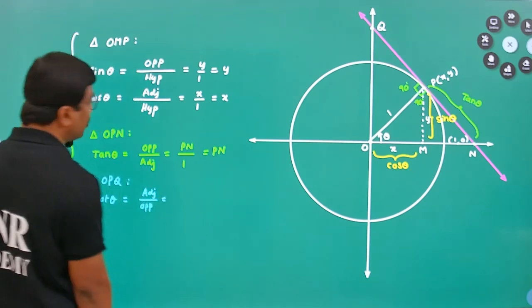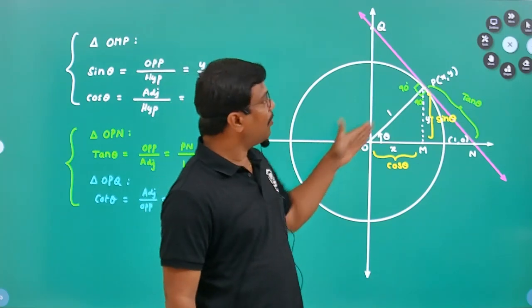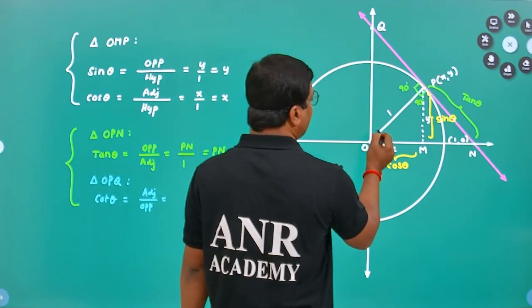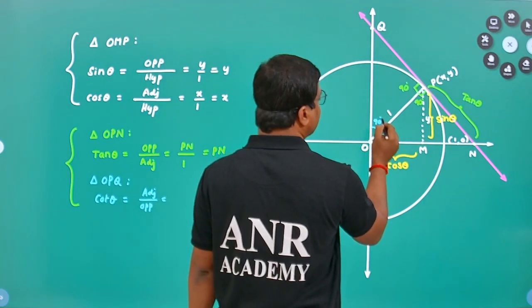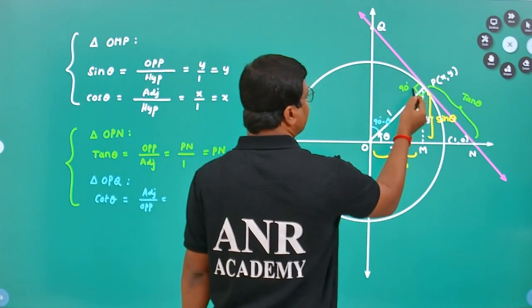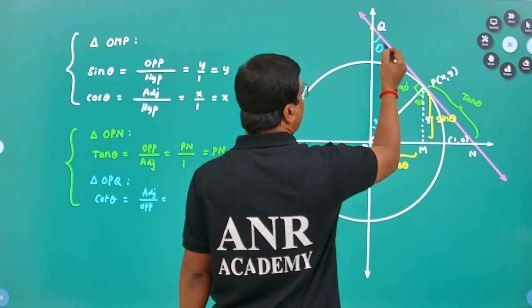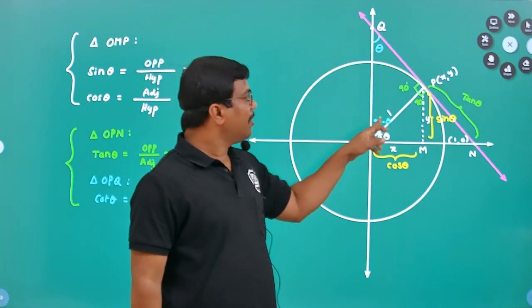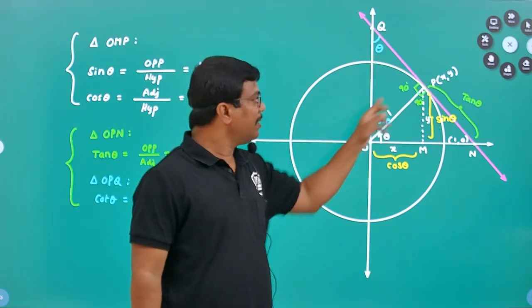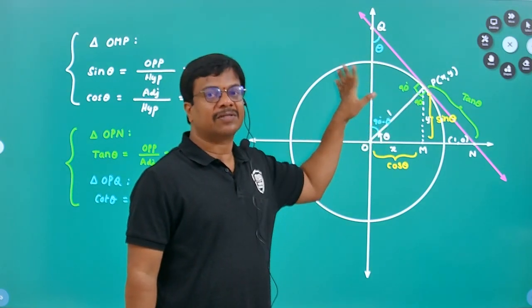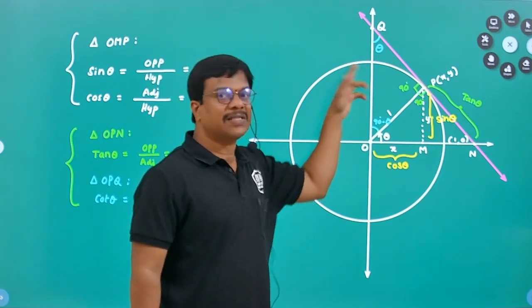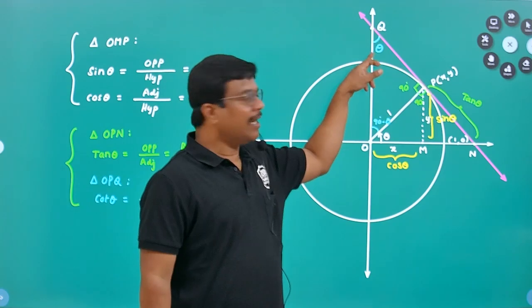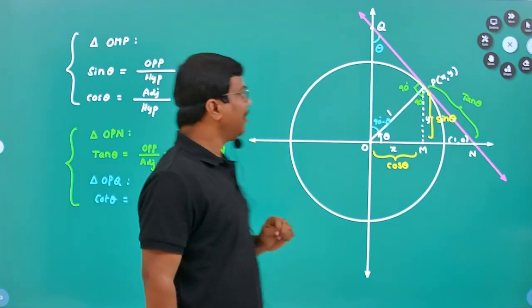In triangle OPQ, whenever this angle is theta, this is automatically 90 degrees minus theta. Since this one is 90, and this is the angle theta, the sum of the angles should be 180 degrees. Here minus theta plus theta gets cancelled, 90 plus 90 gives 180. So the sum of the internal angles of this triangle is 180 degrees. After writing 90 minus theta here, theta here, and 90, it is very clear.